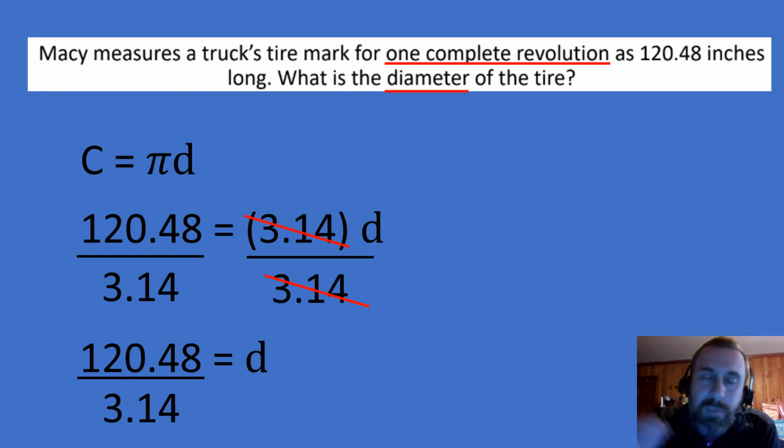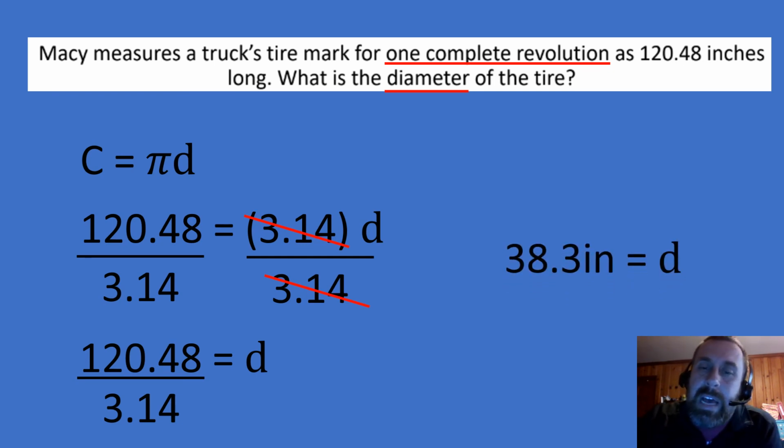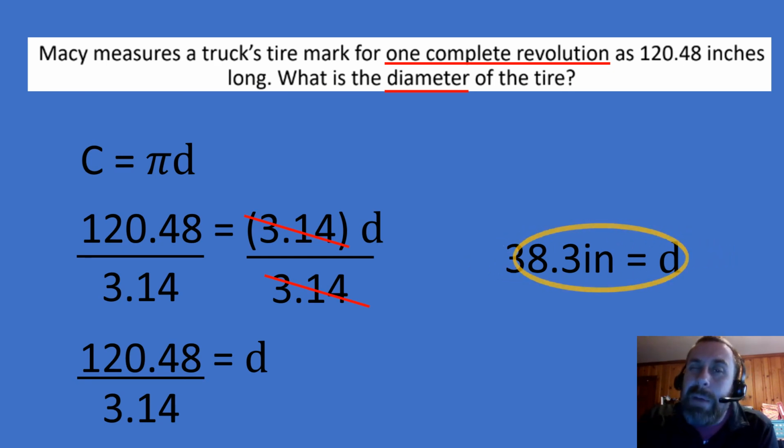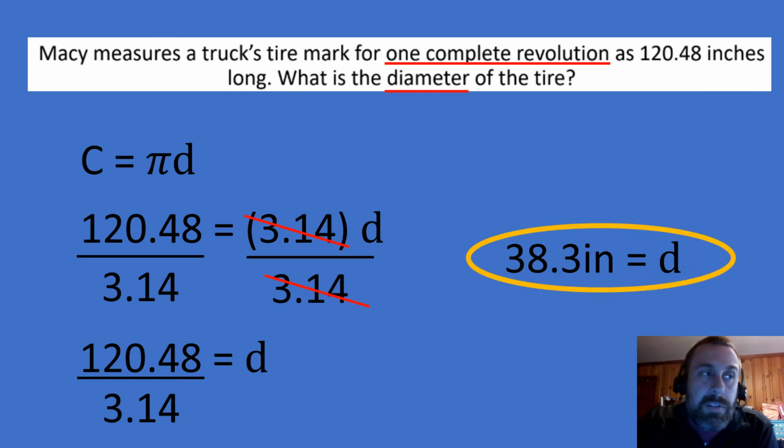It's stuff you've done multiple times this year. When those 3.14s cross out, the diameter is left all by itself. And now all we have to do is divide. And when we do that, we get 38.3 inches. So the distance across the middle through the center point of Macy's truck tire is 38.3 inches. That's about as complicated of a circumference question as you're going to ever see.